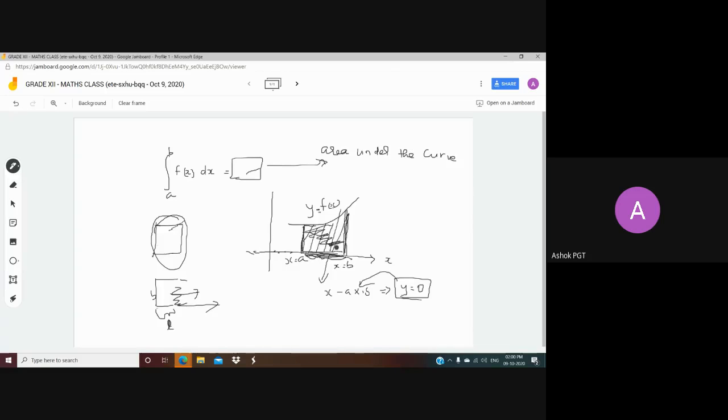Hence, we can calculate the area. If it is a regular polygon, you can use the length into breadth concept, or side squared, and then half into b into h, otherwise b into h. Like this, you can use different formulas. You know that these concepts come under mensuration that you studied in 7th, 8th, 9th standard.